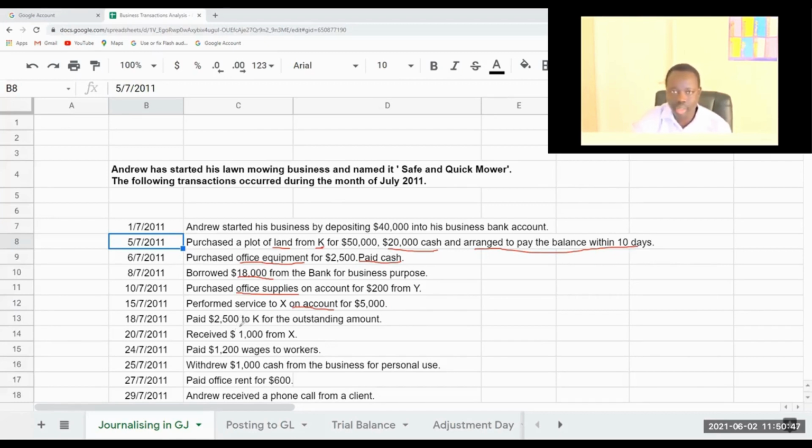So we are going to debit accounts payable, and the amount is 2,500. And what are we going to credit? What will go to the credit side is cash, because in that transaction cash was used to pay accounts payable.